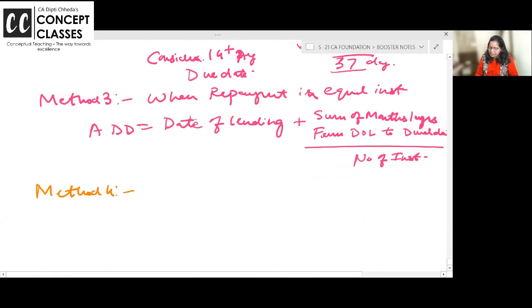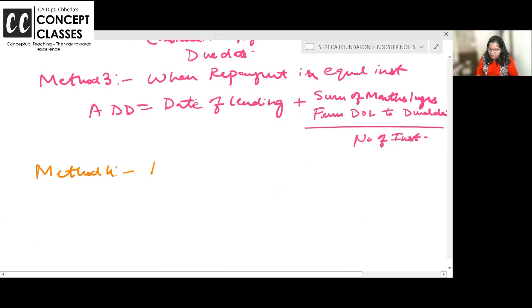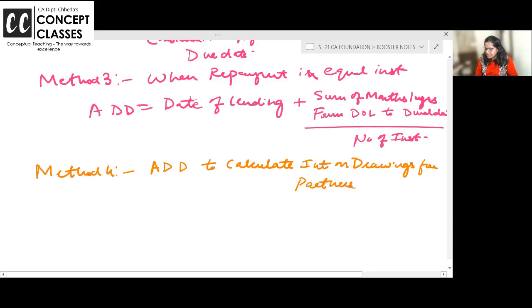How to calculate the number of days I have also given. Method 4: average due date to calculate interest on drawings for partners.